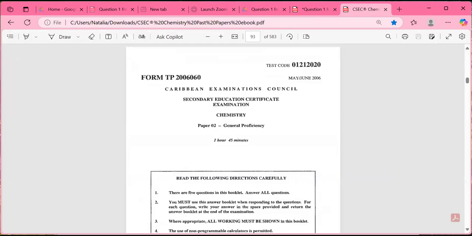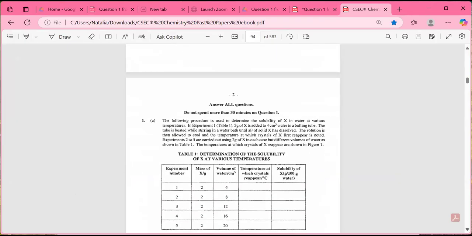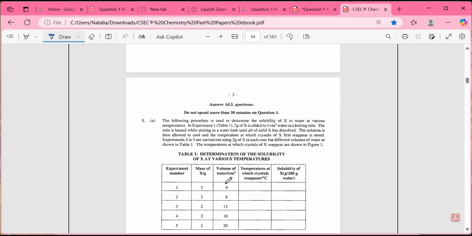So it's another solubility question. However, this time they are not using the mass of water to be 100. So we'll have to calculate the solubility. Clear?